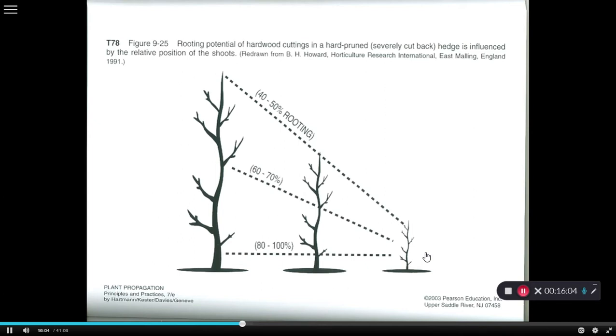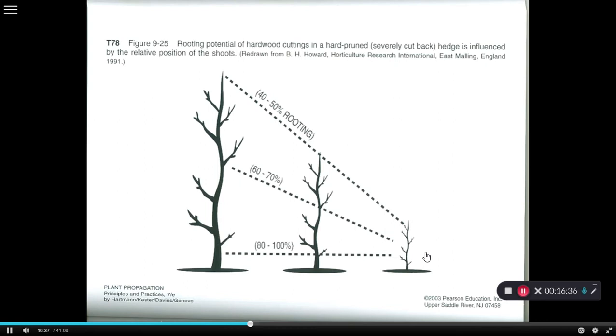And as that tree grows up taller and taller and taller, that newer growth at the top of the plant, so if you look towards the left of the screen, that tallest tree that's in the wintertime and it's leafless, the tallest part of that tree, yes, chronologically, it is the youngest. It's probably 1 year old. However, physiologically, it is mature, and its rooting potential is low.